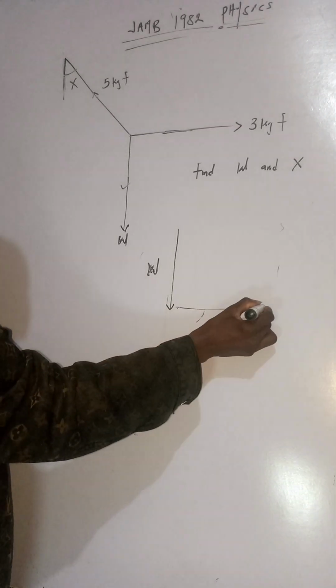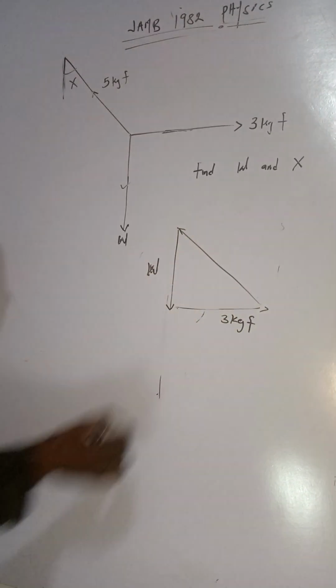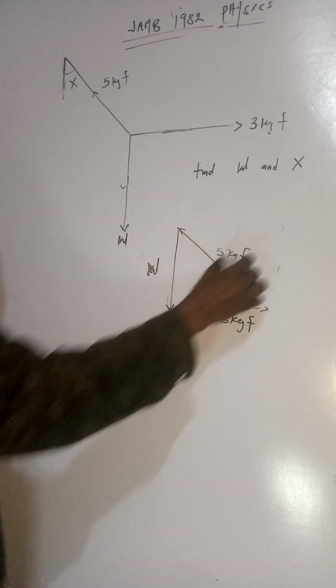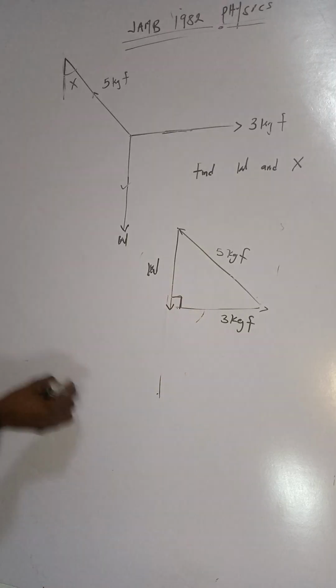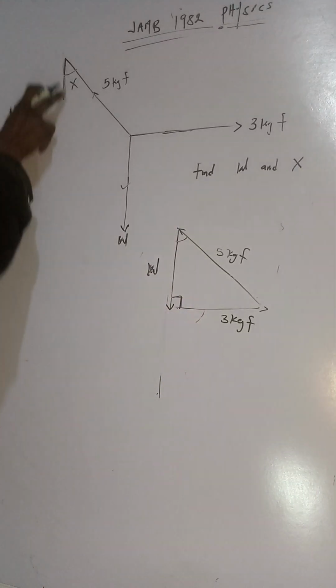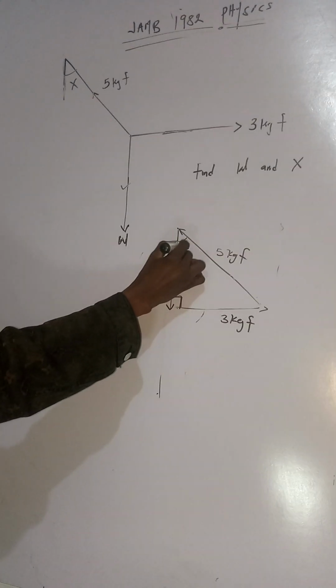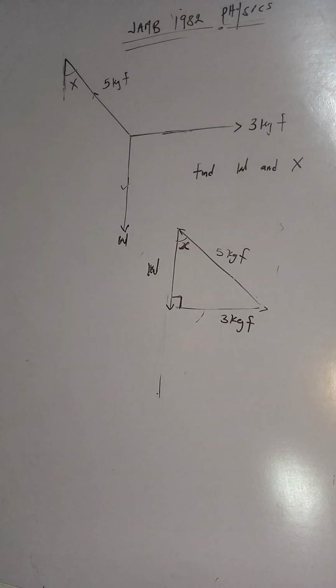I'll bring it like this. This makes a lot of sense. This is 5 N, right? This is a right angle. There's an angle here, and that angle is this angle here. You can see they are the same thing now. So guess what? X. This makes a lot of sense.